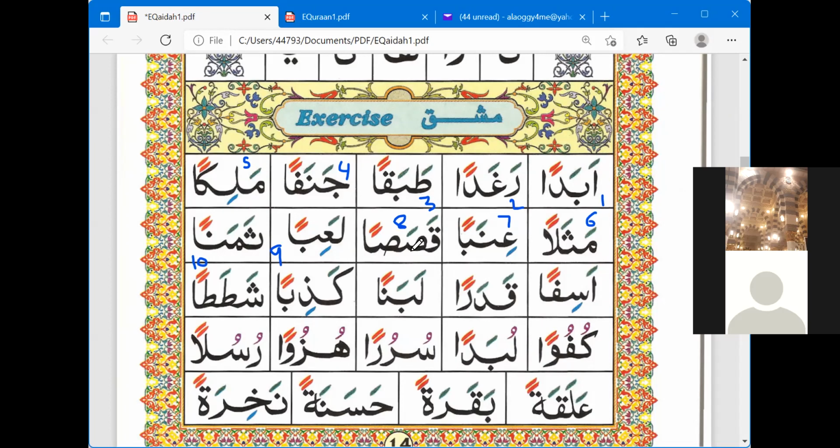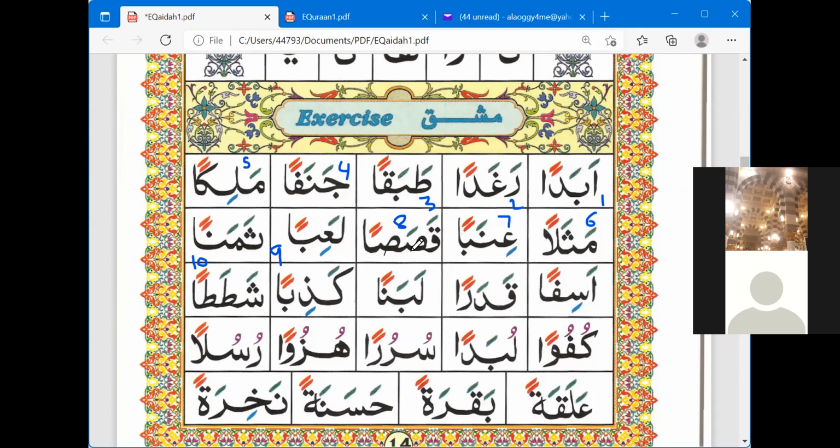What is number 6? Mathalan. Is it masa or matha? Which one? I want to hear this mathalan clearly. Mathalan, okay. What is number 1? Abadan. Is it habadan or abadan? Which one? Abadan. What is number 3?